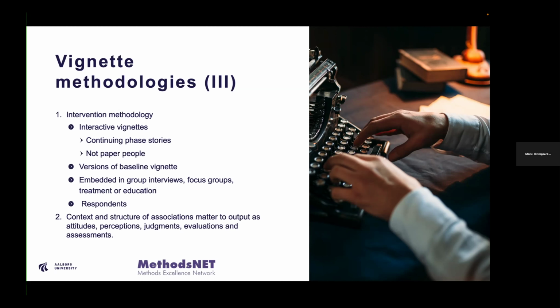Again, in the intervention methodology, the idea is that you know how context and structure of associations matter to output. And output understood as attitudes, perception, judgments, evaluations, and assessments. And of course, one thing we're going to address very much in the course is why is that so important?